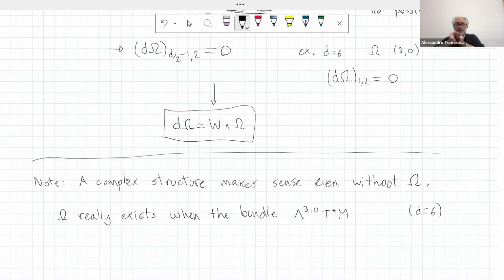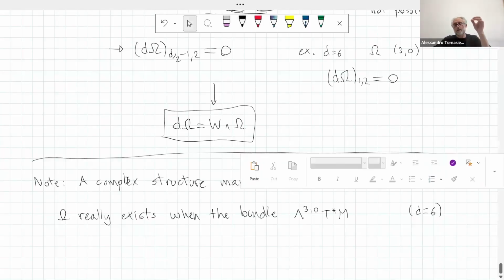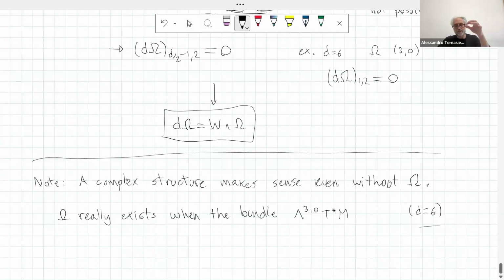What is peculiar about these bundles is that, well, in this case, you can say that these forms that belong to it really make sense globally only if things that make sense globally on a line bundle need the line bundle to be trivial.